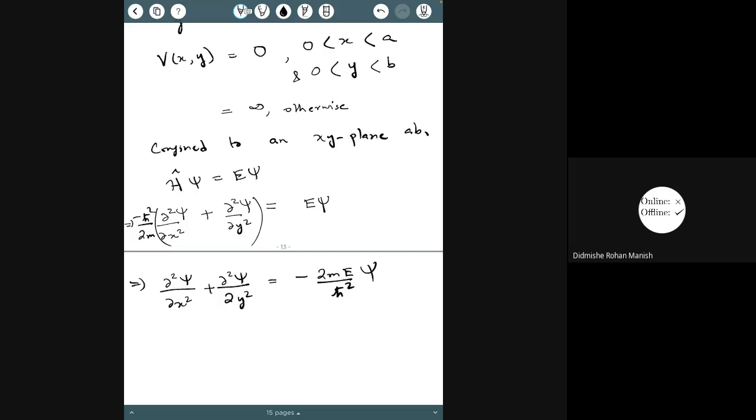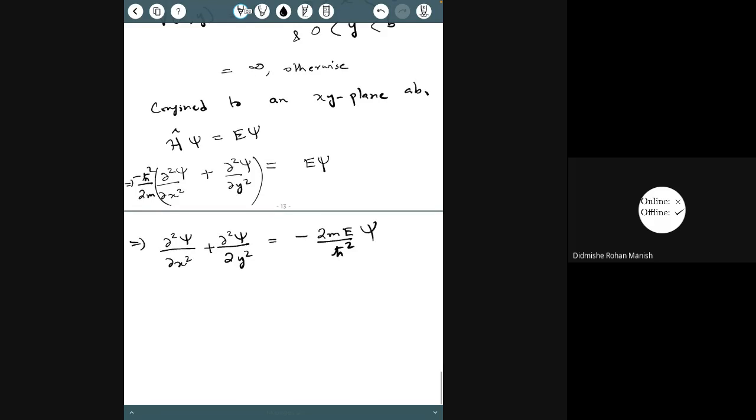So in classical language, that will be px squared by 2m plus py squared by 2m, exactly, and then we substitute the operators for px and py separately, yes. So here there is nothing that couples the two motions, so you can just write it as a sum.